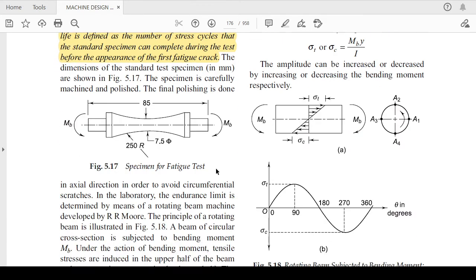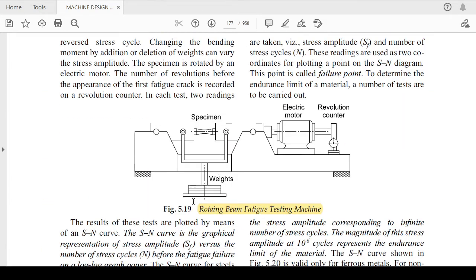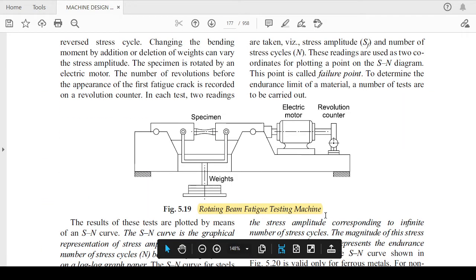You can also go through the test called the rotating beam fatigue testing machine.